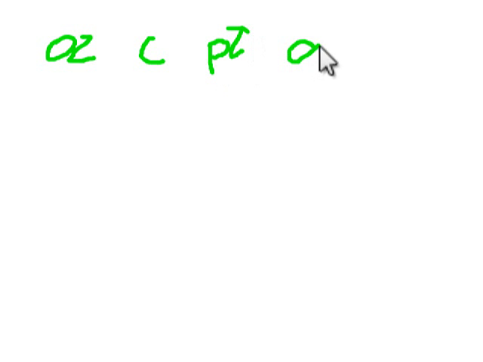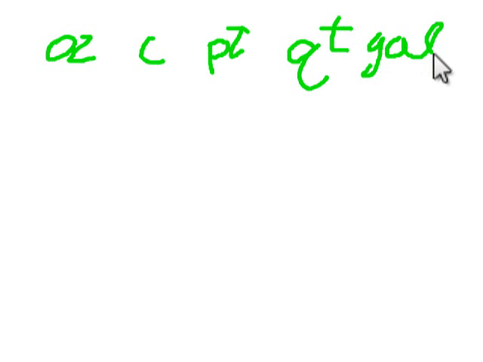So one of the things that you need to know is that we start out with ounces as our smallest unit of measure, and then it goes to cups, and then it goes to pints, and then it goes to quarts, and finally gallons. Okay, so ounces, cups, pints, quarts, and gallons. All right, so that's going to keep us on the right track.